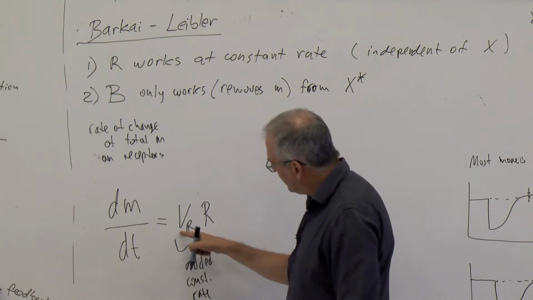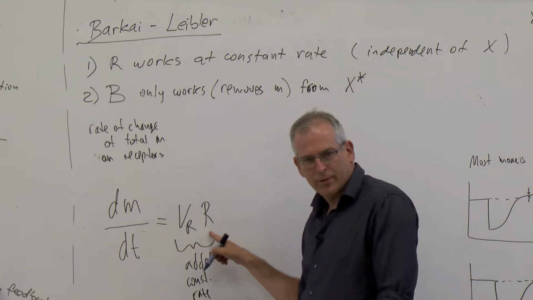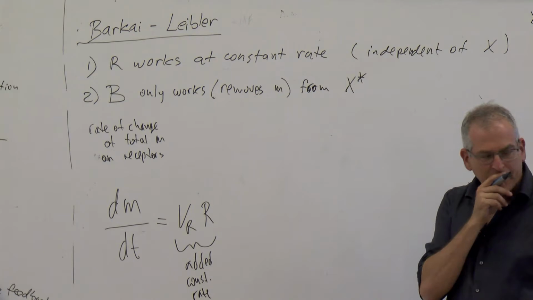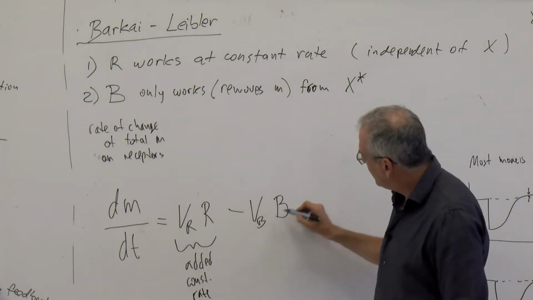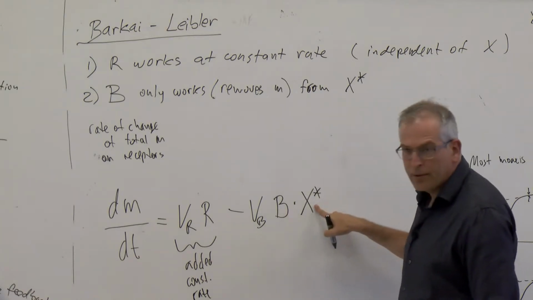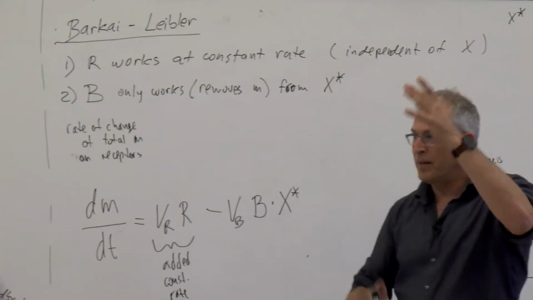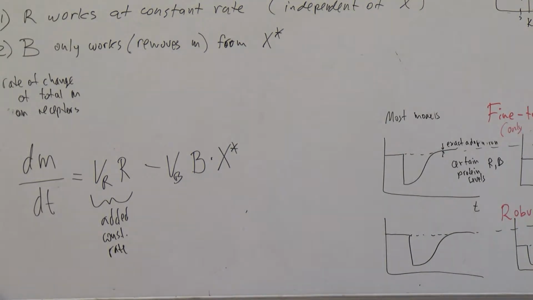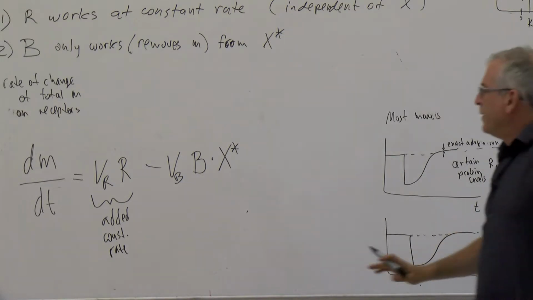V_R is the rate per R protein, so this is the number of R proteins times the rate. And it's removed by CheB, but CheB needs to collide with an active receptor, no matter how many methyl groups it has, whatever, it has to be an active receptor, to take away the methyl.